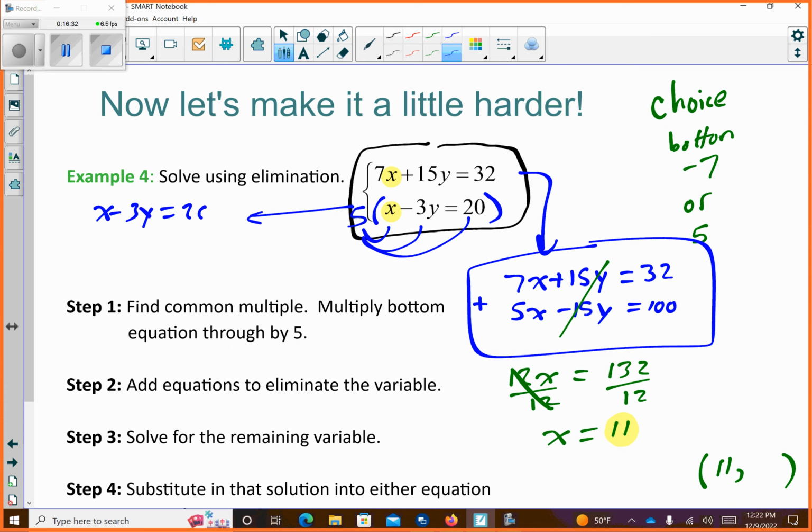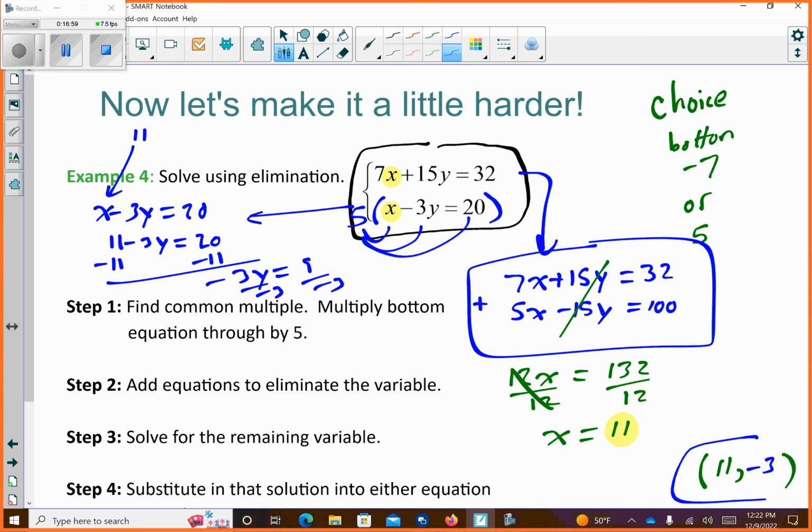I'm going to replace x with 11. Then I'm going to subtract 11 from 20. That gives me negative 3y equals 9. Divide each side by negative 3. Negative 3 goes into 9 how many times? Negative 3. Good.